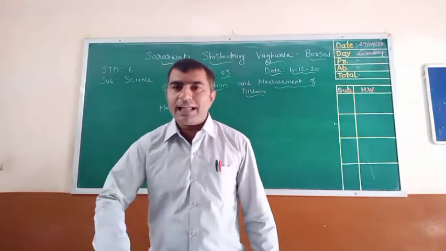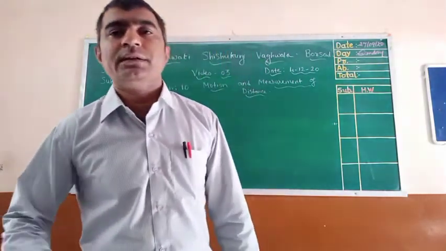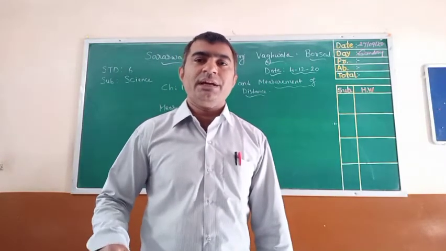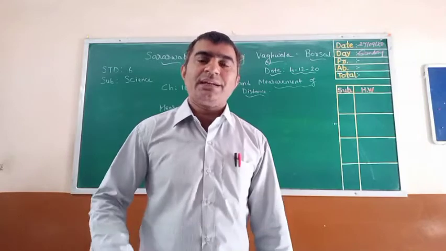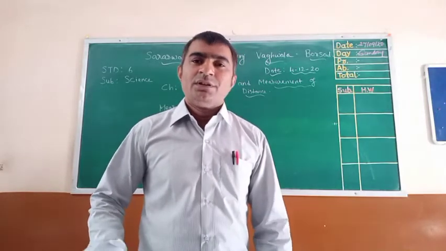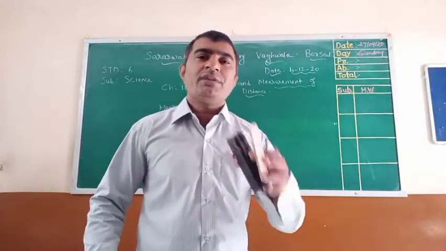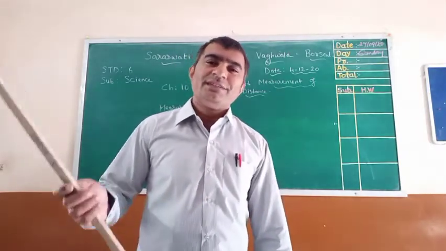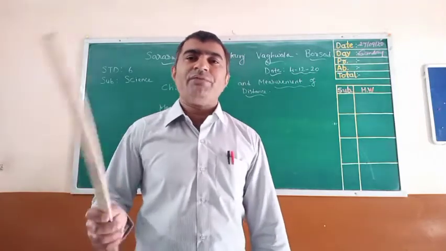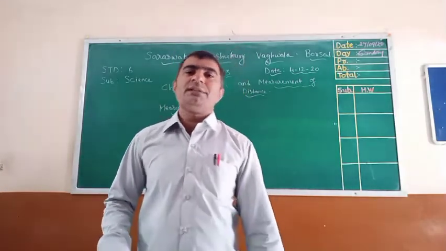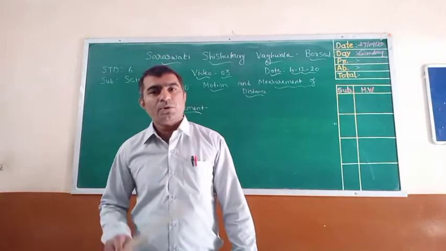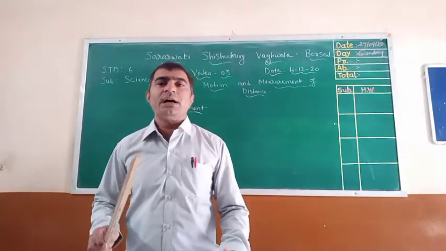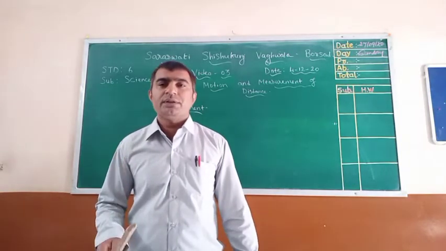But after some time, that line rubbed away. So when they measured again, this time it came to 2 danda and 1.5 gilli. Why? Because the danda which they used previously was broken, so they used a new danda, and the new danda has no specific measurement.